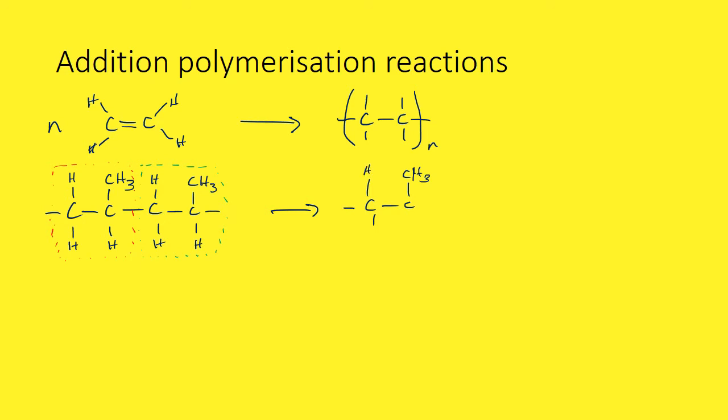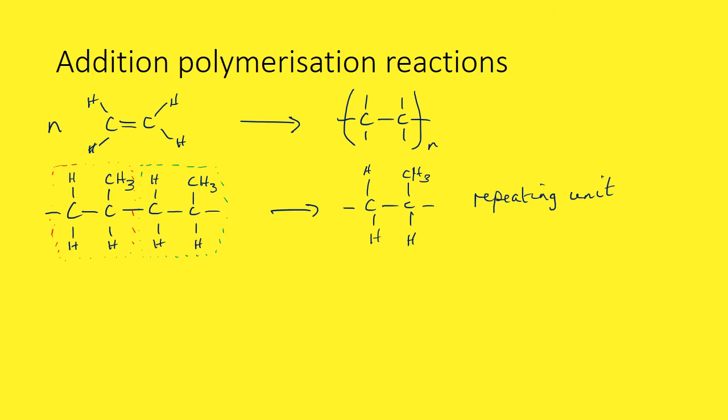And you have to include your bonds that complete the carbon's 4 bonds. So that would be the repeating unit like that, and that would be the second type of question you would get.